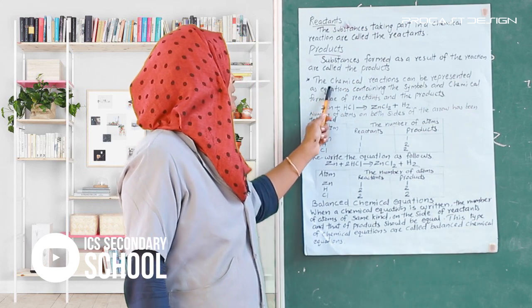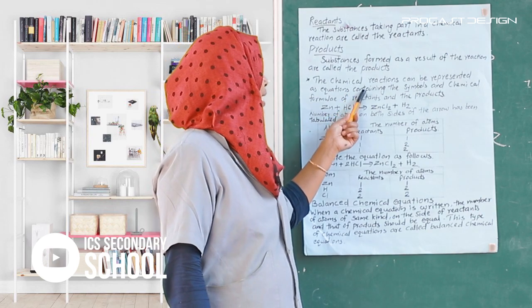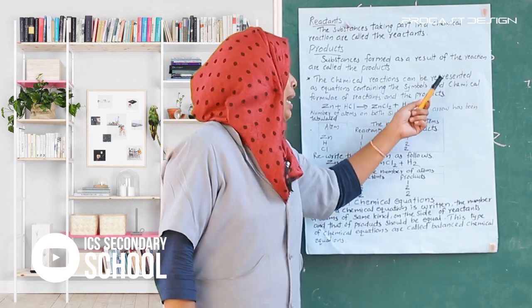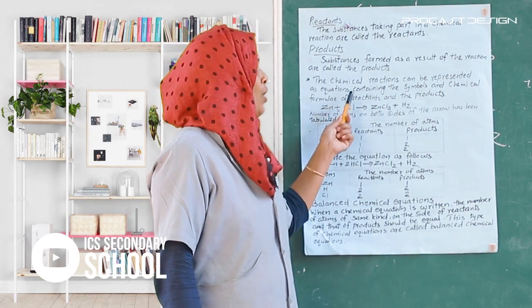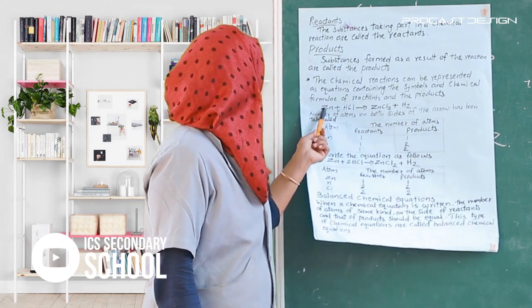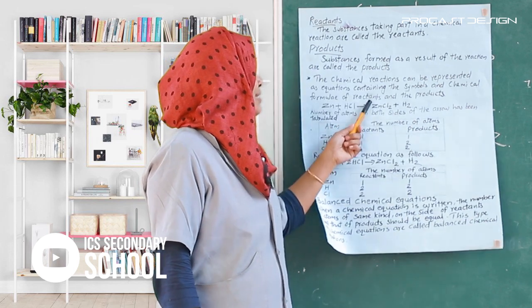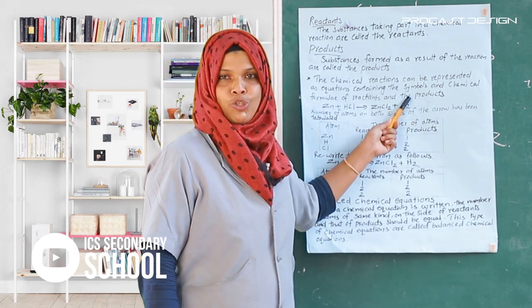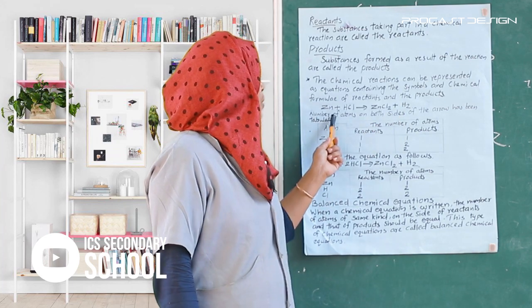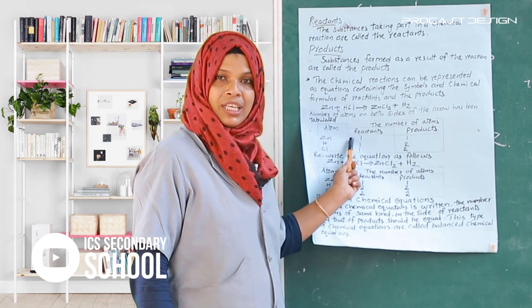Chemical reactions can be represented as equations containing symbols and chemical formulae of reactants and products. Then consider the chemical equation Zn plus HCl gives ZnCl2 plus H2. The number of atoms on both sides of the arrow has been tabulated here.